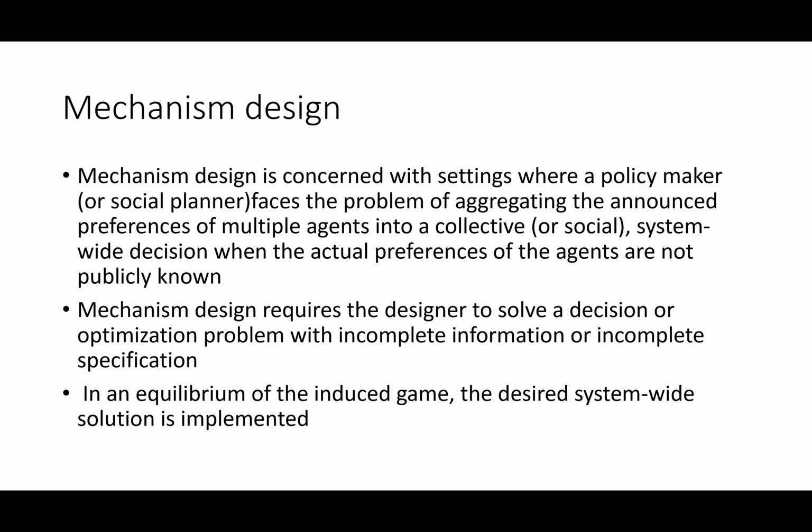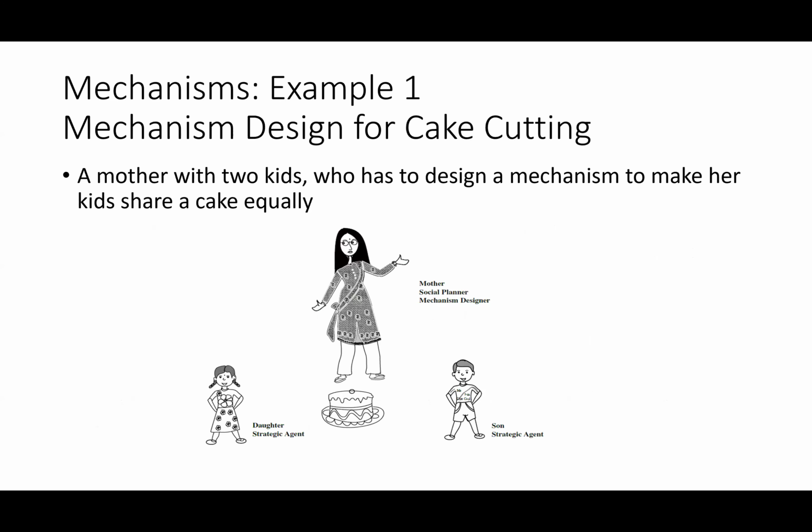Unfortunately for you, you don't know the kind of information that each of these people have. You have no idea about their preferences and all that. Then we also say that in an equilibrium of the induced game, the desired system-wide solution is implemented. And I think that is what I have tried explaining over and again.